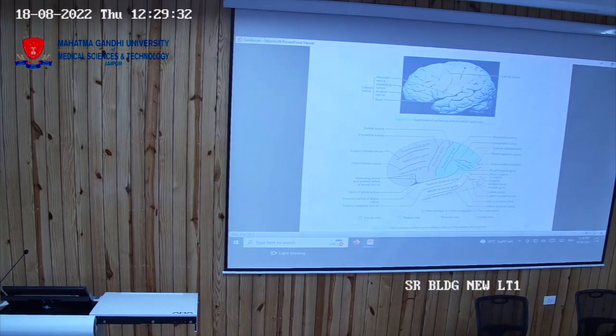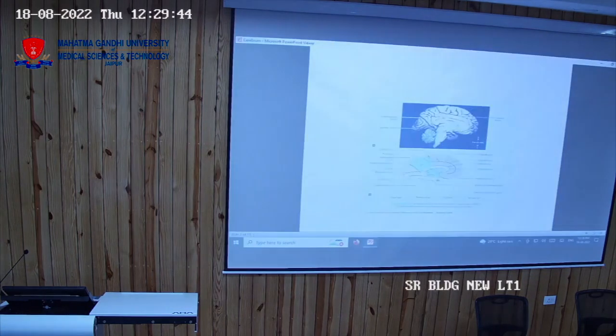This is the part of the temporal lobe, this is the part of the occipital lobe. So this is forming the arcus temporo-occipitalis. So these are the different sulci and gyri on the superolateral surface of the frontal, parietal, and this.